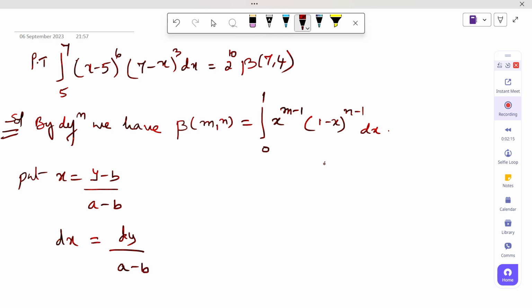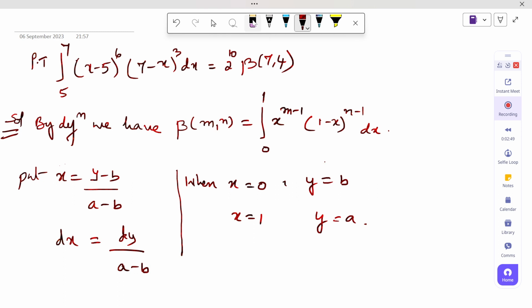Now for the limits: when x is equal to 0, y is equal to b. When x is equal to 1, y is equal to a. How are we getting this? We have to substitute.